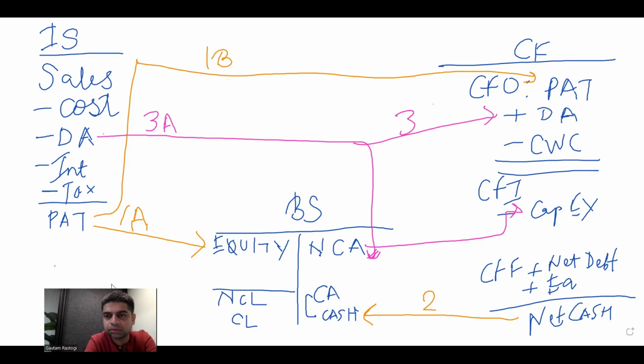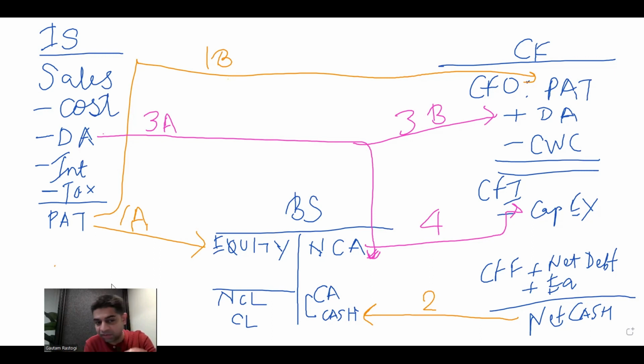Let's call it 3B, because it gets added back. And this gross asset that you need to estimate, let's call it a different transaction, transaction number 4, because it's basically capex that gets added to our cash flow statement.